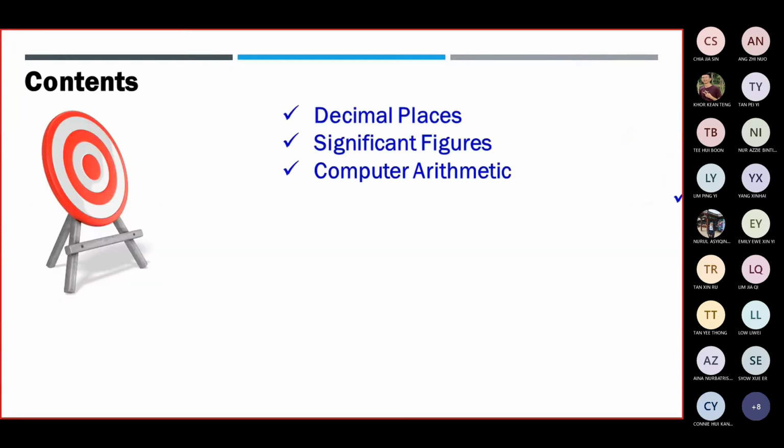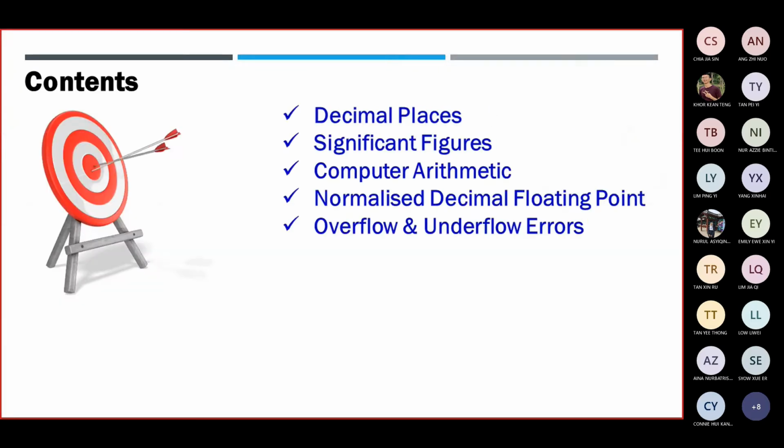The content of today's topics will be decimal places, significant figures, and then we will discuss computer arithmetic or machine arithmetic, and the topic contains normalized decimal floating point, and then overflow and underflow error.